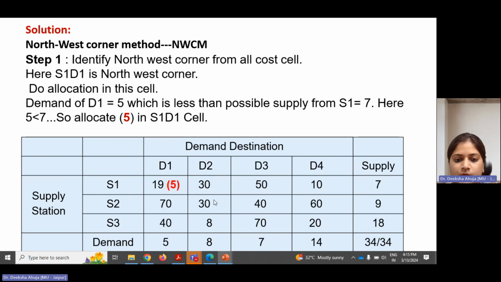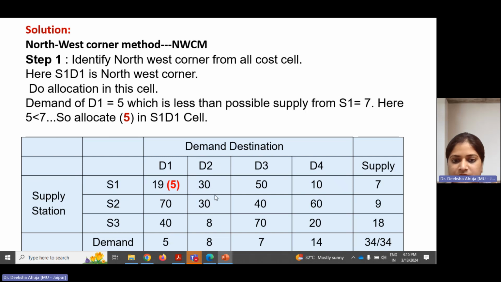Now to allocate another cell, we have to follow the northwest corner only. In this column we don't have sufficient demand left to allocate, so we are supposed to take another column.